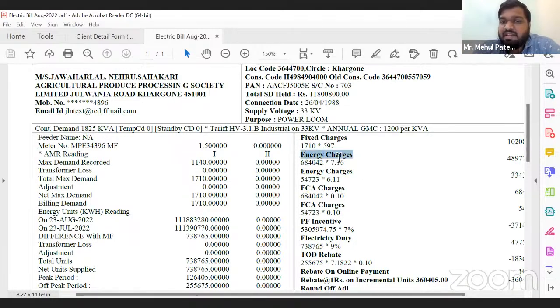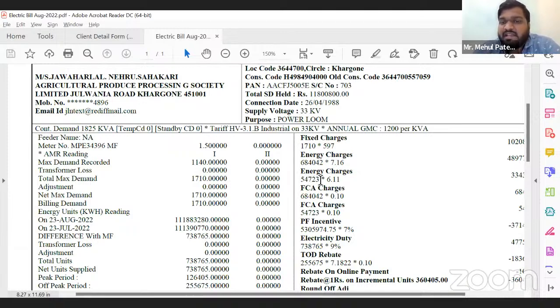This particular energy charge, that is 7.16, is nothing but your peak hours electricity consumption. 6,84,042 units are the consumption by the customer during the peak period of the day.